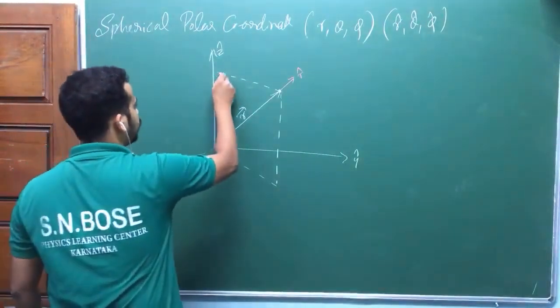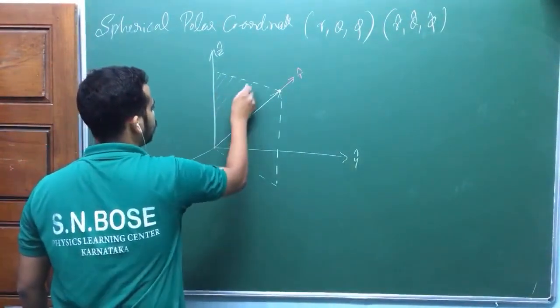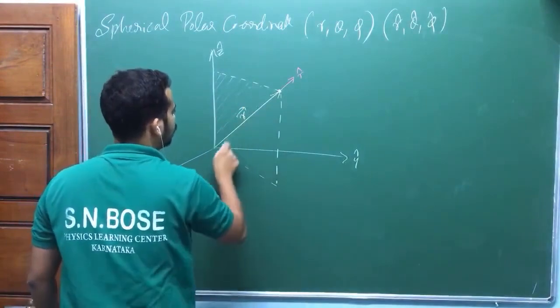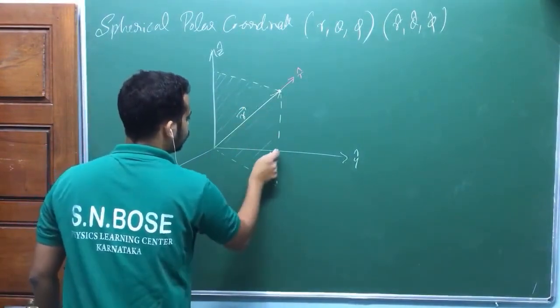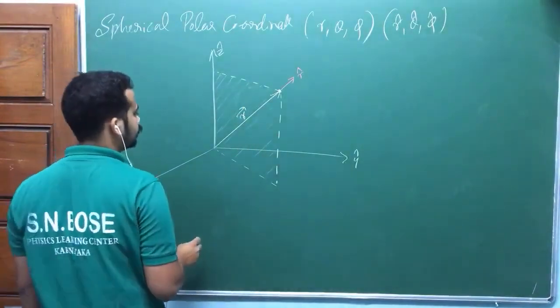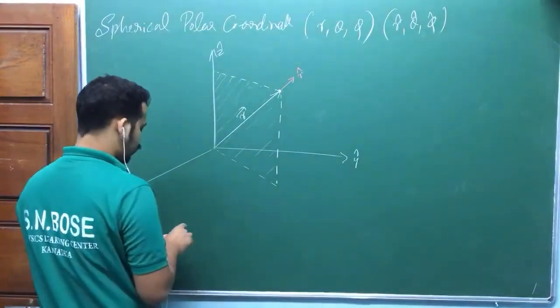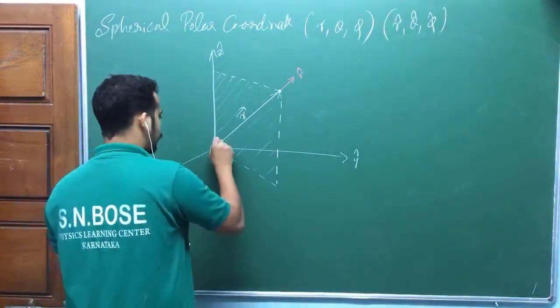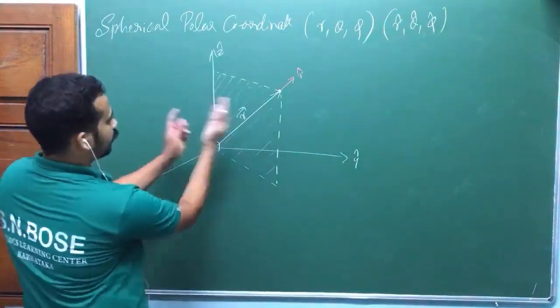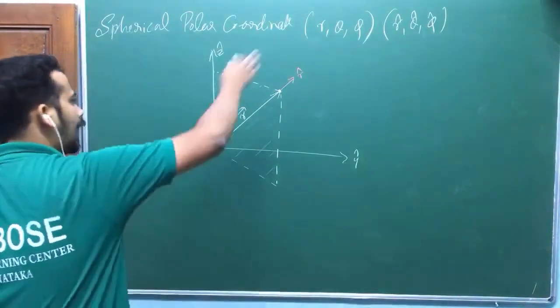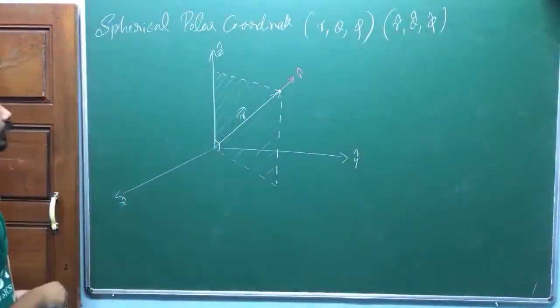Let me imagine this is a plane, okay? This is one plane. So these two are perpendicular directions. You can just imagine this like a door. R cap is in this direction, am I right?